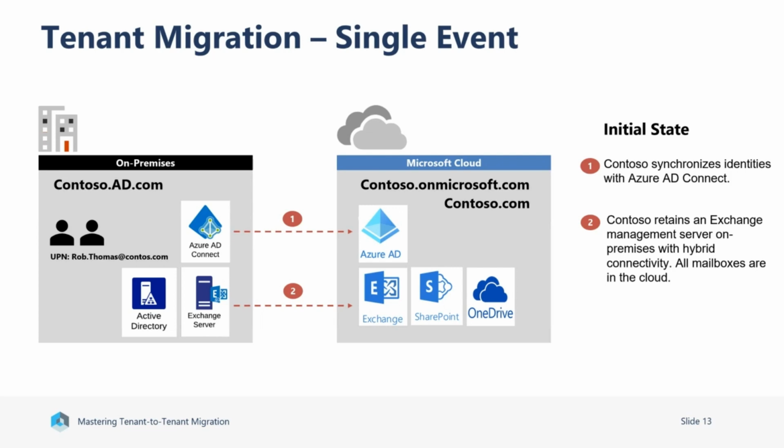The users are synchronized via Azure AD Connect, so on-premise is the single source of authority when it comes to identity services. Contoso also has an Exchange server on-premise, purely for management of those Exchange attributes. All of the mailboxes are actually in the cloud. If you can see the UPN there, there's an example user, rob.thomas@contoso.com.